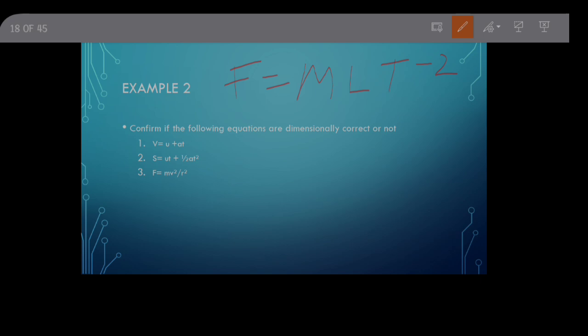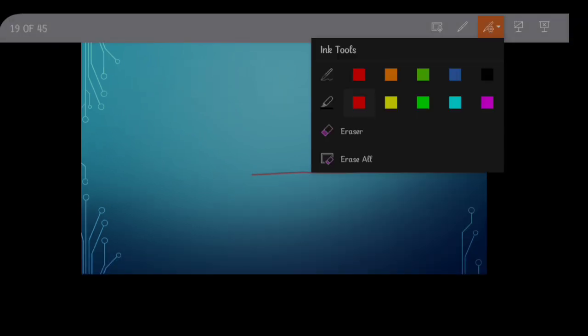Now let's compute it. We have our F equals to mv squared over r squared. Our F is MLT raised to power minus 2, is equal to M, representing our mass, into bracket LT raised to power minus 1, everything squared, for our velocity.